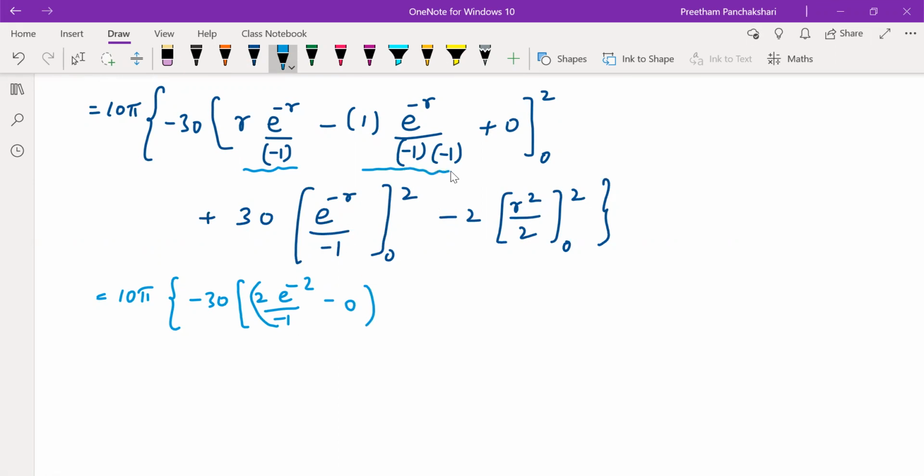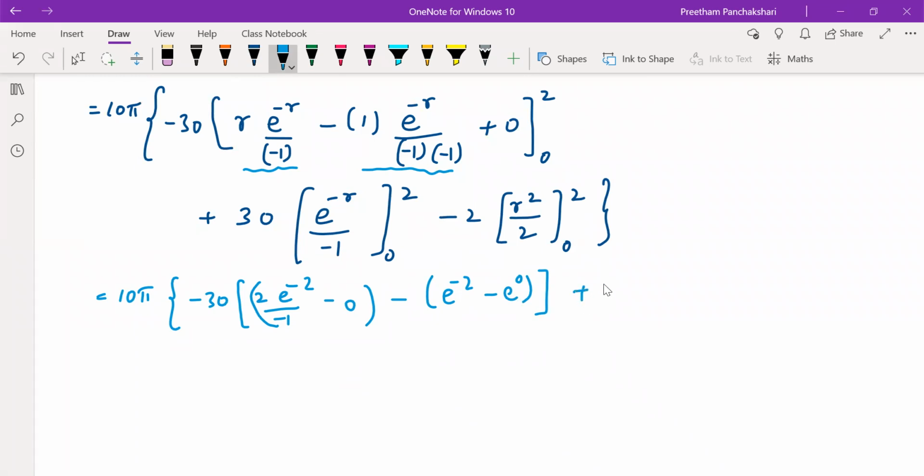Now we'll go to second term. 1 minus 1 into minus 1 is plus 1. So it is minus of e power minus 2 minus e power 0. 0 is the lower limit. So this completes the substitution for the first integral.